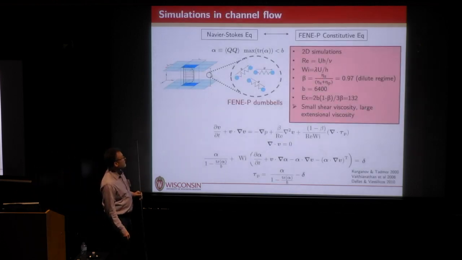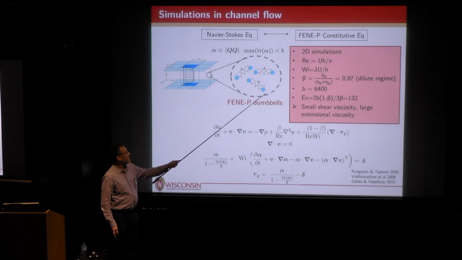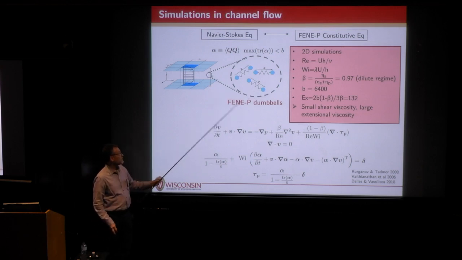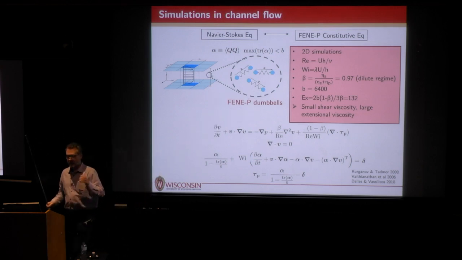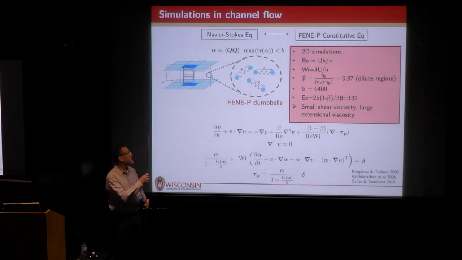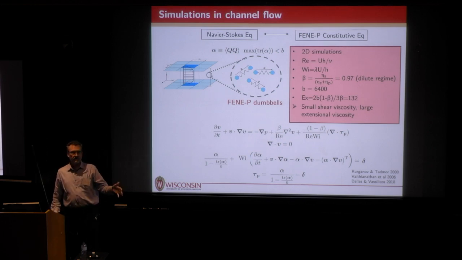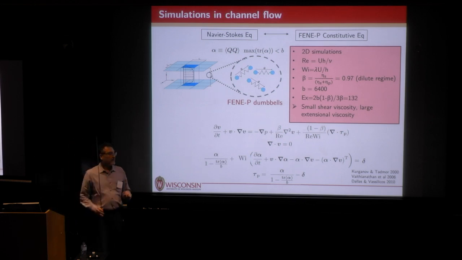Just a very few words about the model and the simulation. So there's our dumbbell model. There's a particular type of model, FENE-P, finitely extensible nonlinear elastic dumbbell model. P is for a particular closure approximation. You can write down a closed form expression for the evolution of the stress in that case.